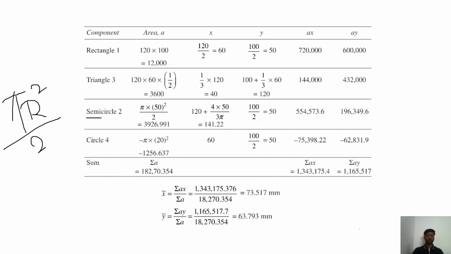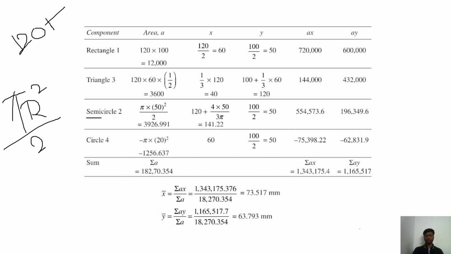Therefore, we have to add 120 plus the formula 4r by 3 pi. Therefore, the answer is 141.22. The centroidal distance from the x-axis, that is y, is 100 divided by 2, that is equal to 50.